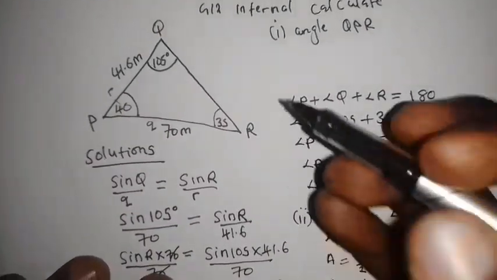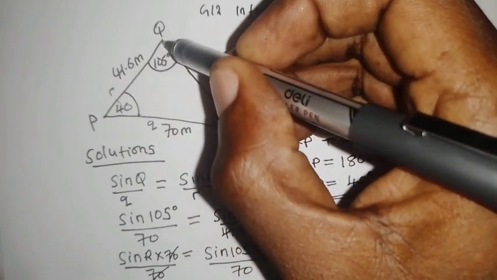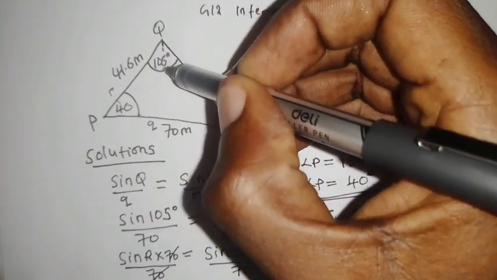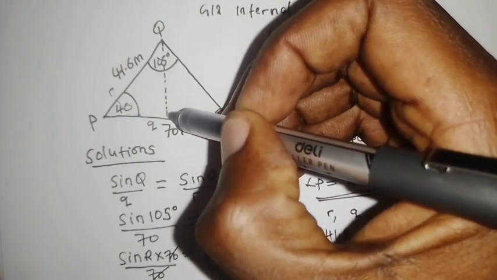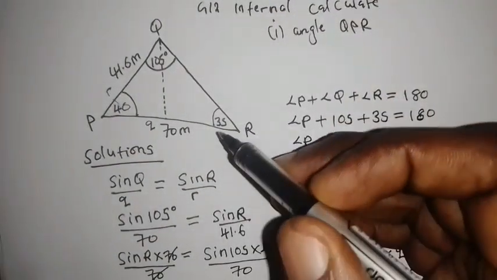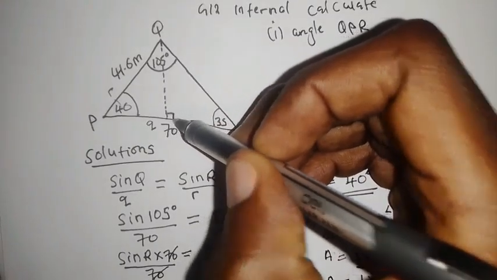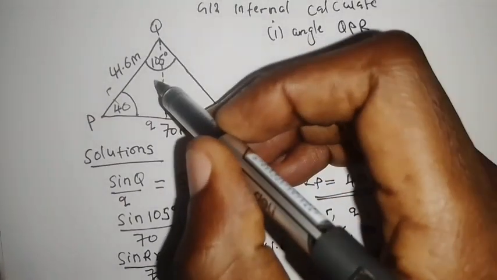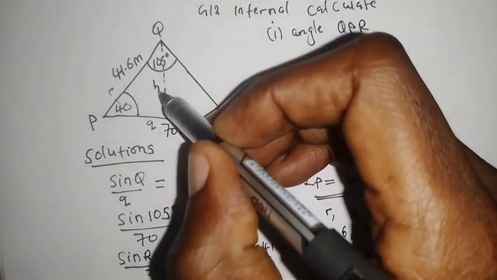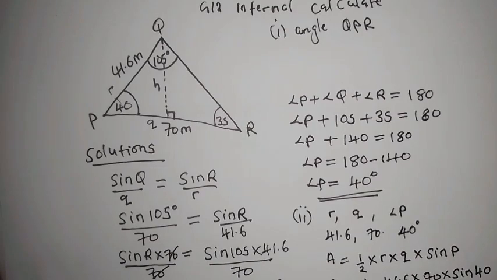So from Q to somewhere along that, when you cut, you are going to create a right angle triangle. What you are looking for is this distance, which we normally call the perpendicular height.